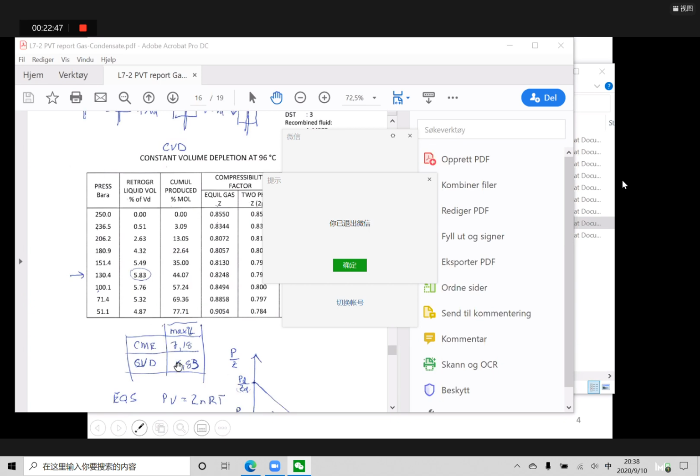Below 6, 5.83 at 130 bar. We can calculate equilibrium gas, and we can calculate two-phase gas at the individual pressure stage. And we have the viscosity of the well stream.